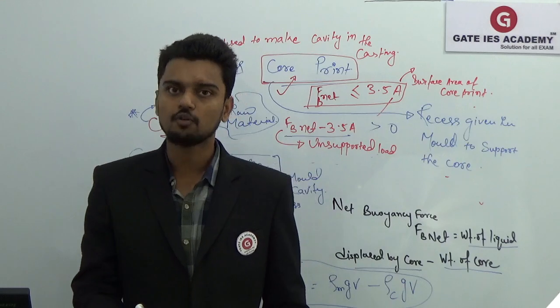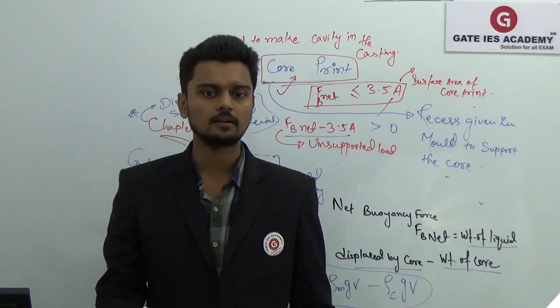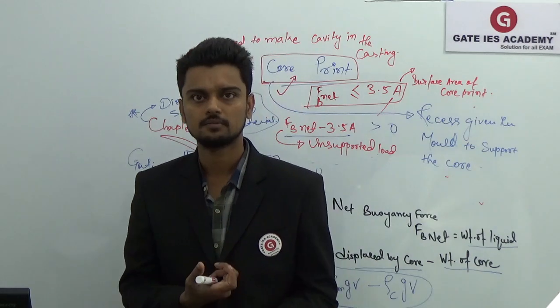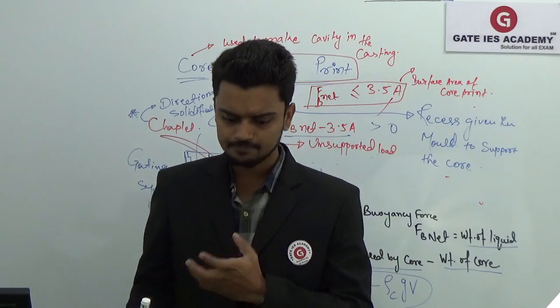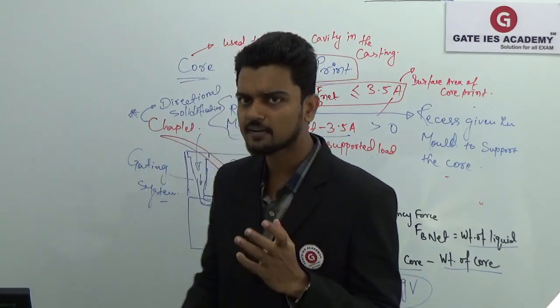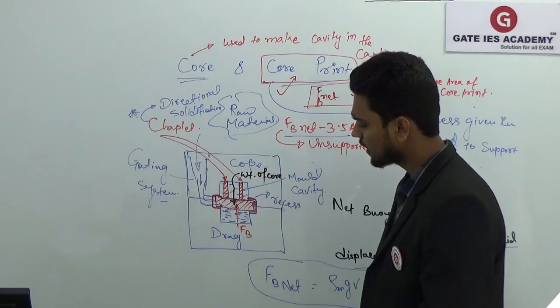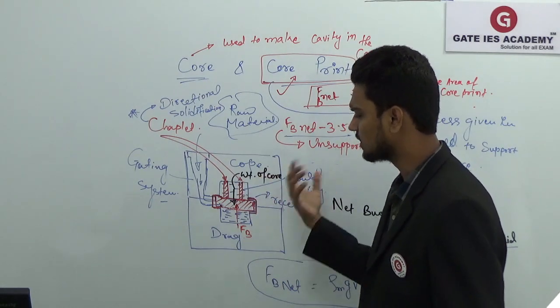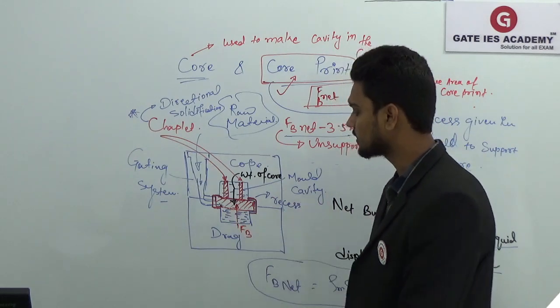High collapsibility. Why should it have high collapsibility? Collapsibility is like when we keep that core in the mold cavity, it is surrounded by the molten metal. Obviously, from all sides we have this molten metal in that cavity.